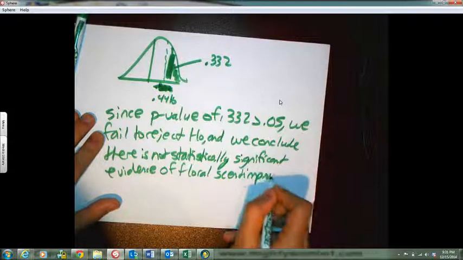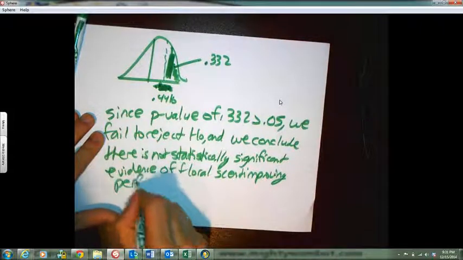And there you go. That's how you do number 5, a paired t-test.